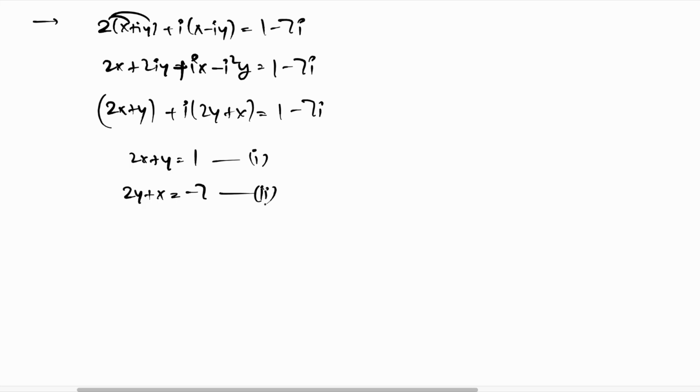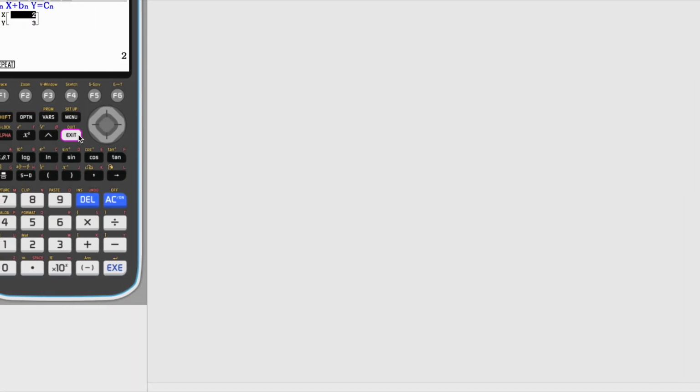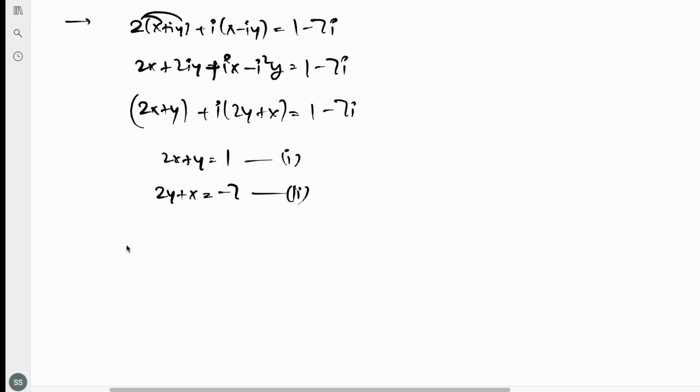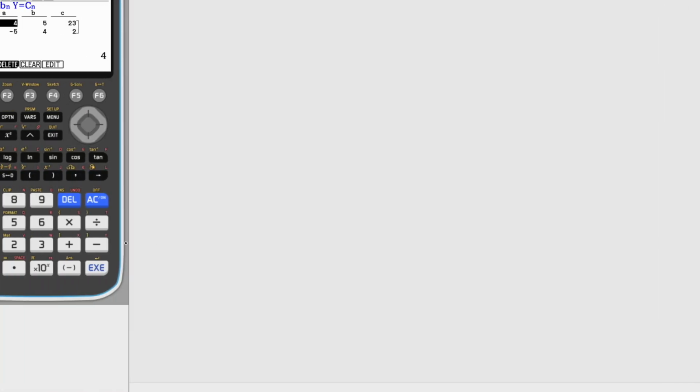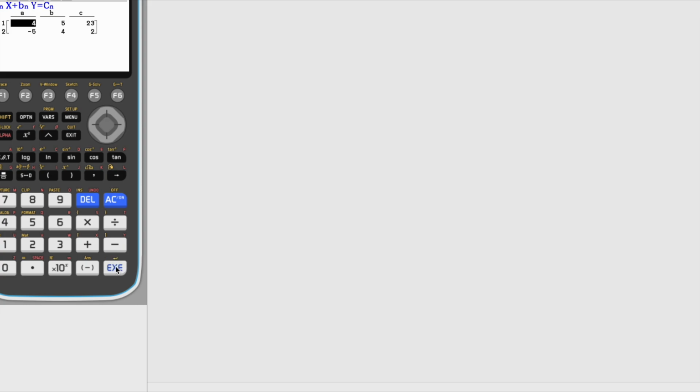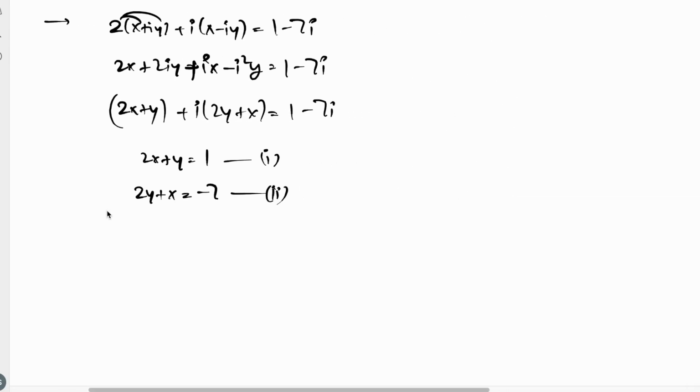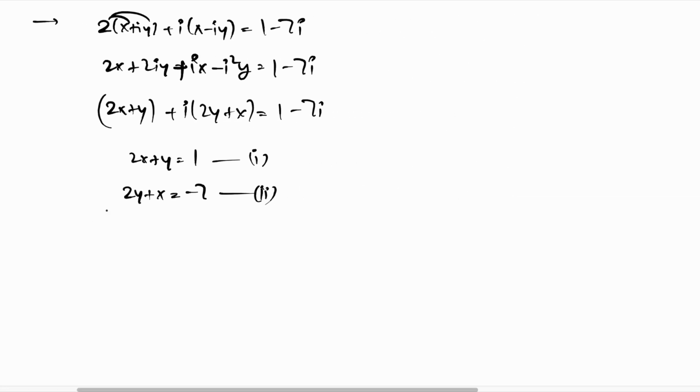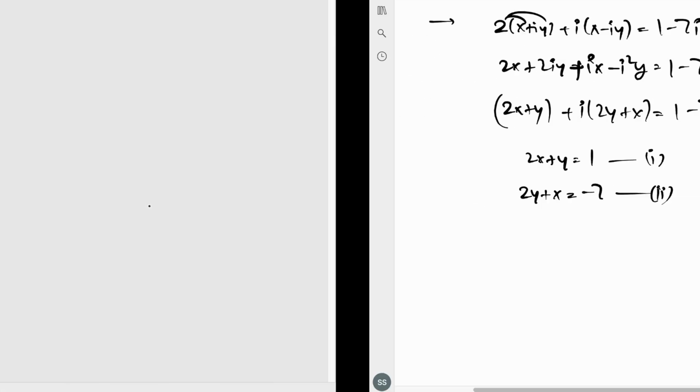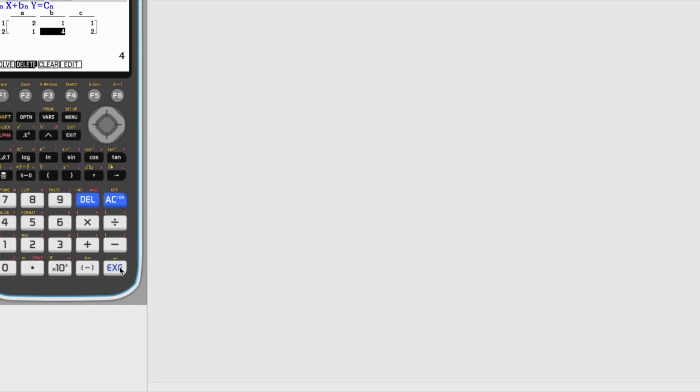Again, I'll solve both of these on the GDC here. I'll press exit. So 2, 1 and 1 for the first equation. The second is 1, 2 and minus 7.